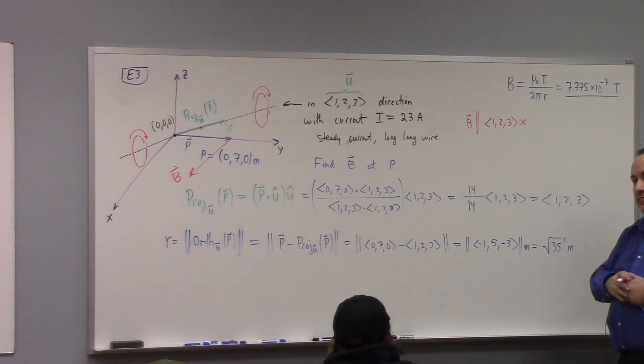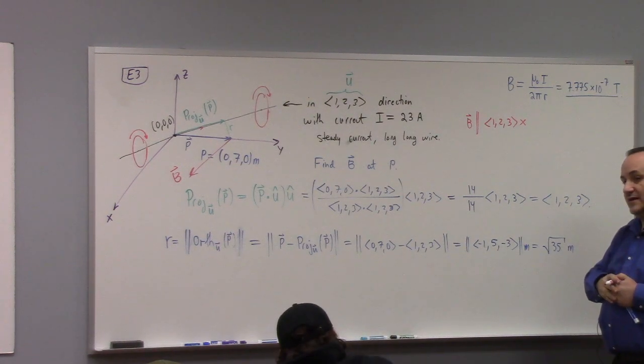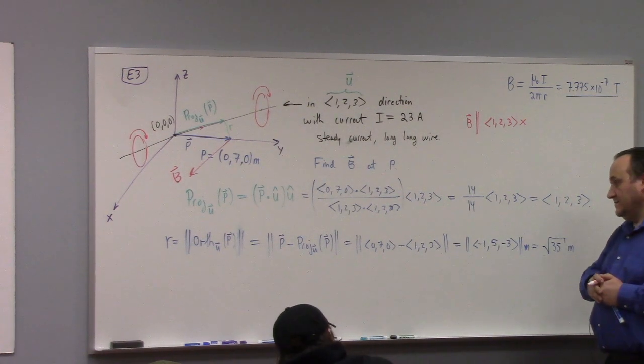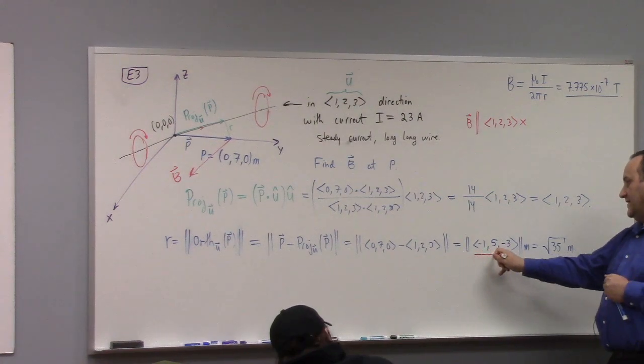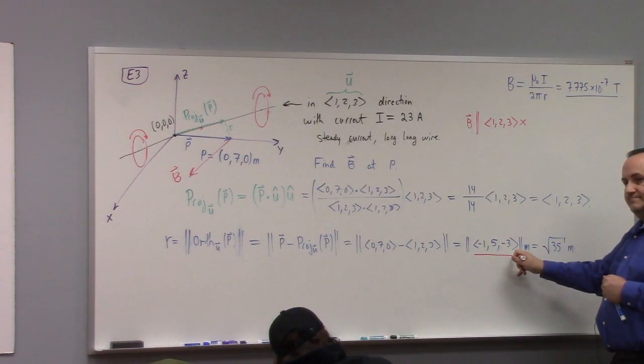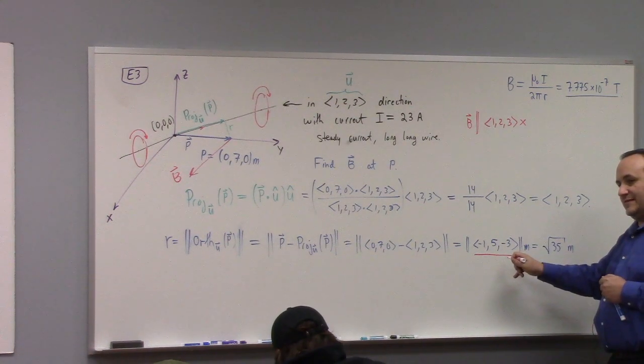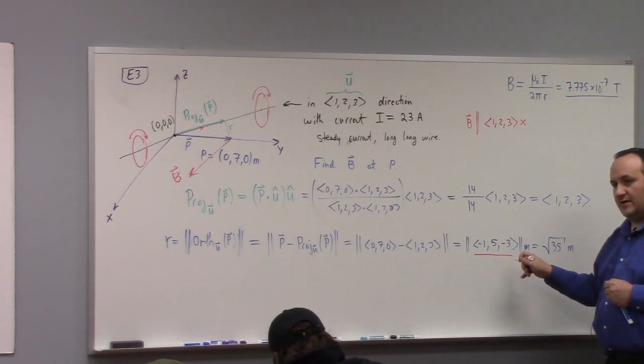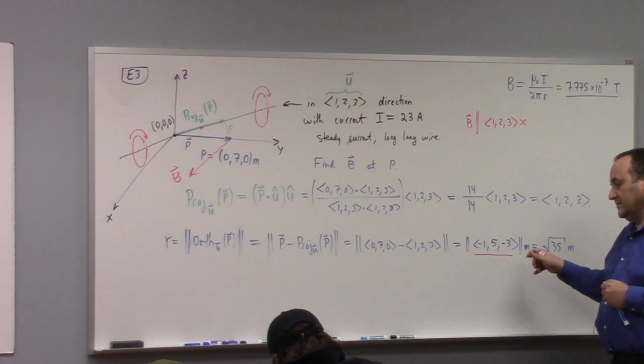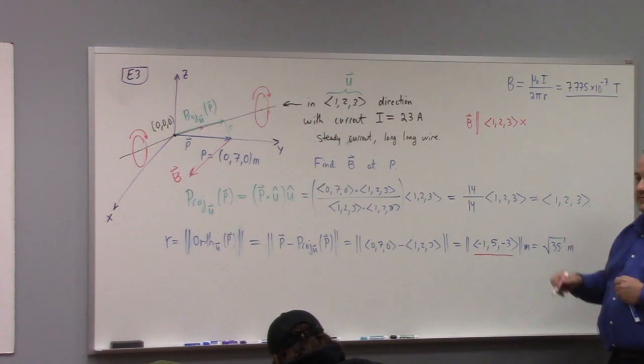I want a vector which is perpendicular to both the direction vector of the line and this guy, because that's the vector going from the closest point on the line to the field point. That's the radial vector. The magnetic field must be perpendicular to the radial vector off the axis of the current and the direction vector of the current, which is that.